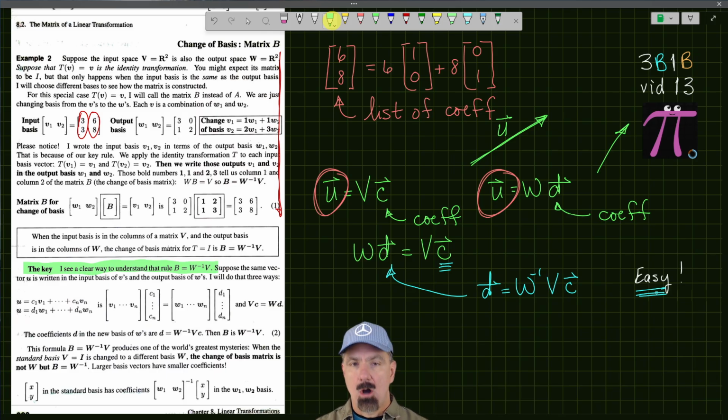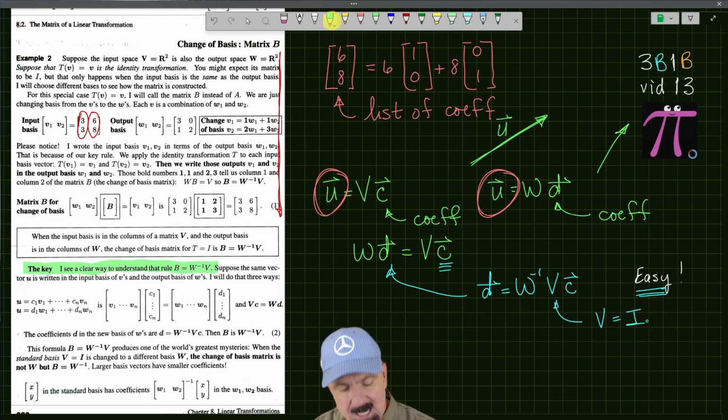Moreover, what we're oftentimes doing is using the standard basis, which means if we're using the standard basis, this V is really just the identity, which is the representation of the standard basis vectors. And that leads to the very common understanding for change of basis.